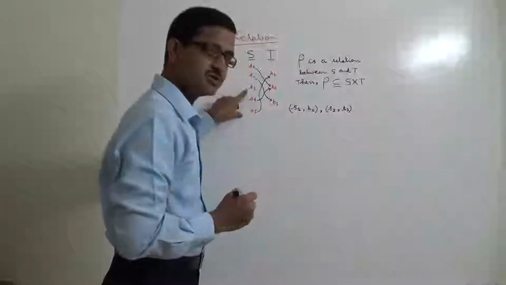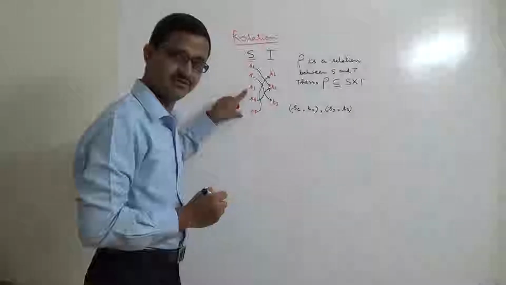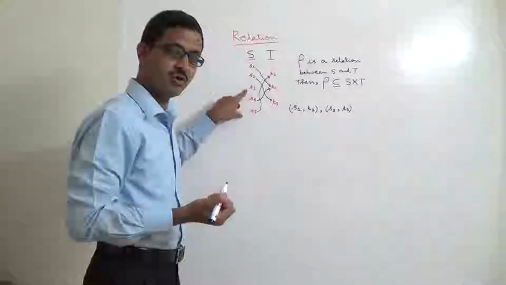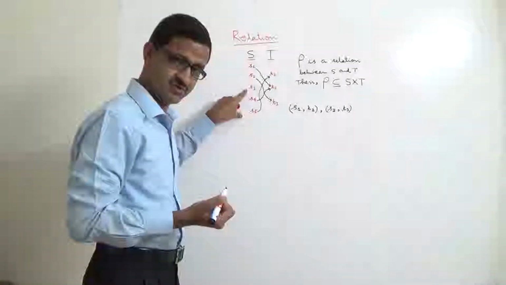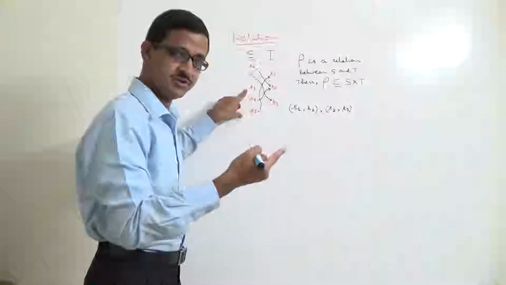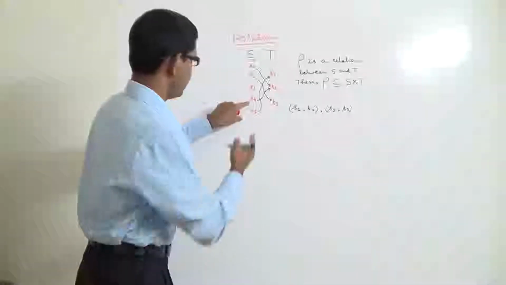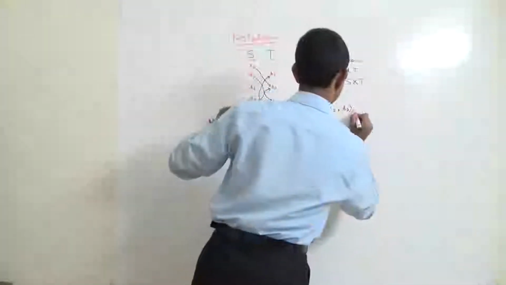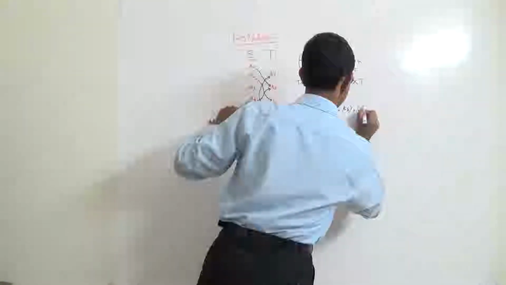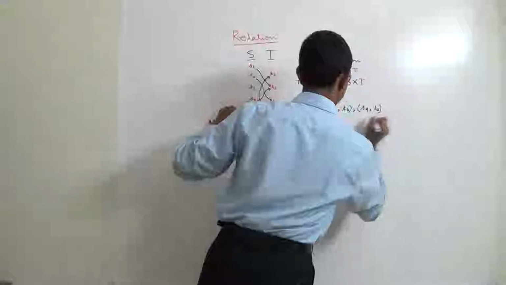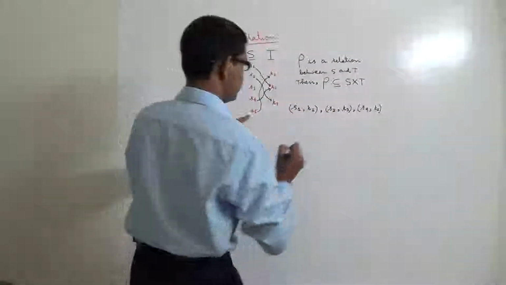S3 is not related to any elements in T. That is fine because the definition says some or all elements of S should be associated with elements of T. So that's fine. S4 is associated with T2 and S5 with T1.